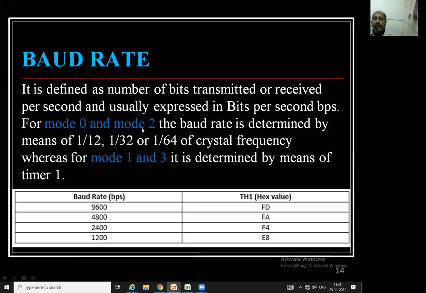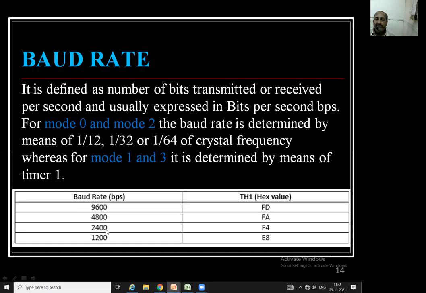For mode 0 and 2, it is either 1 divided by 12 or 1 divided by 32 or 1 divided by 64. But for mode 1 and 3, it is decided by the timer 1. The baud rate is decided according to what count is given in timer 1.